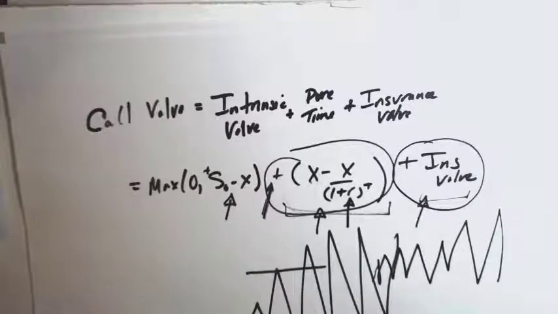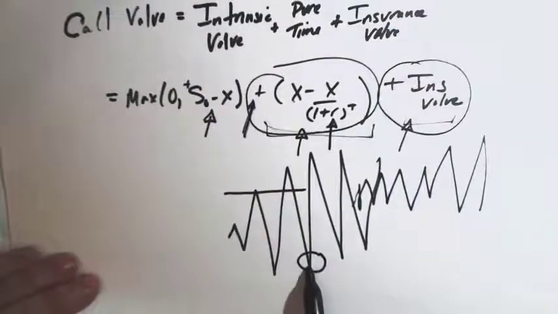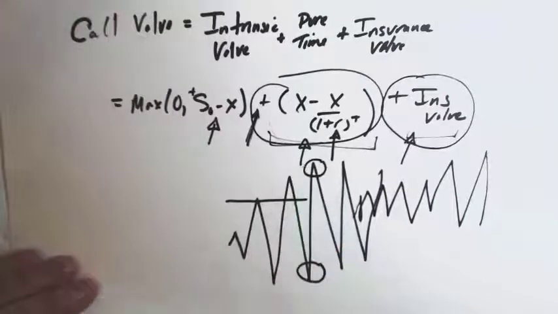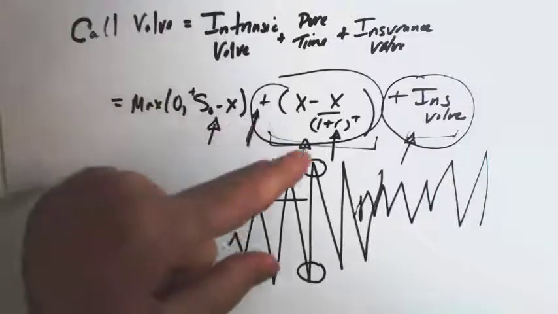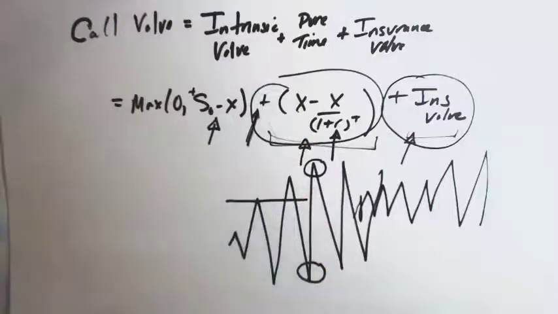Speculative value means, if the stock is gyrating hugely up and down, why don't you wait and time it so that you buy the call when the stock is low here, and then sell the option when the stock is really high and make your profit, because you know the volatility is high. That's the concept behind either speculative value or intrinsic value or insurance value, because insurance value means if you're gyrating back and forth, then you have a lot of risk with the underlying asset.